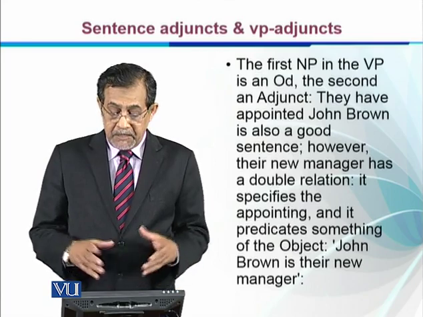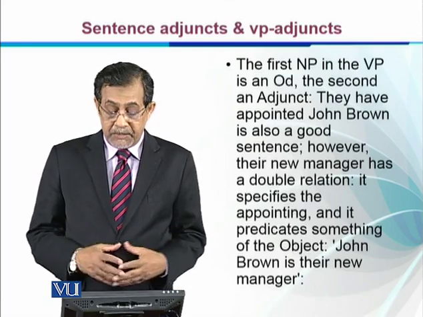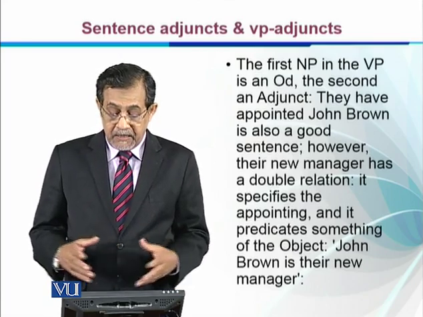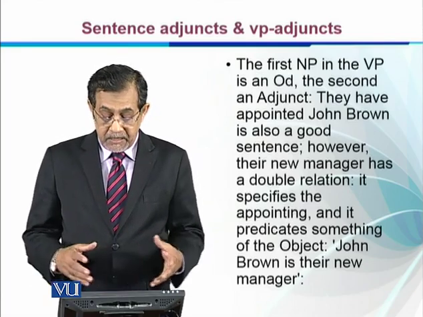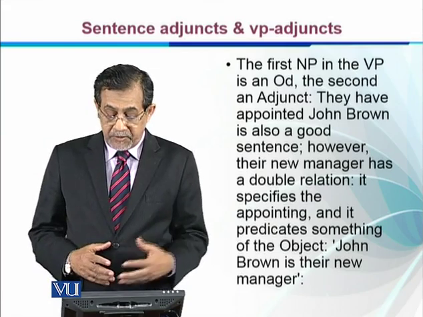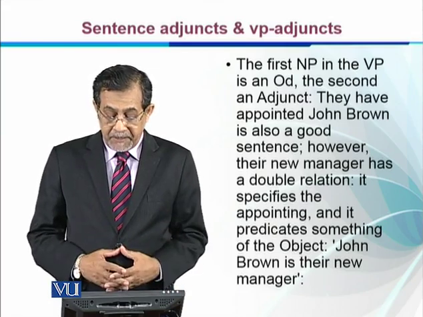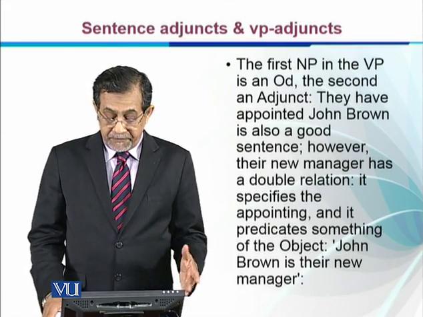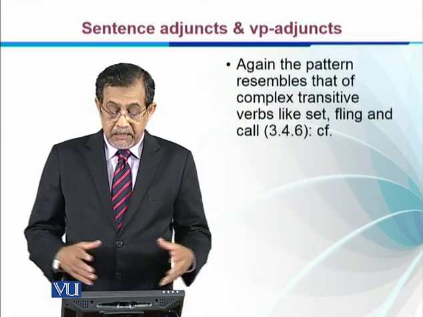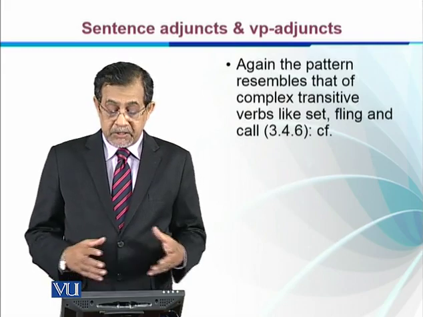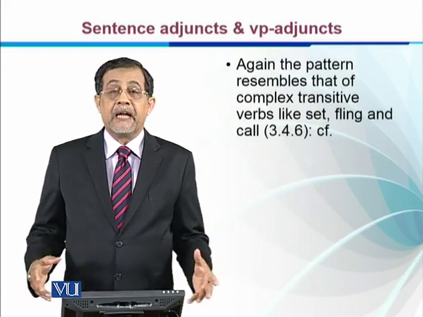So the first NP in the VP is the direct object. The second is an adjunct. "They have appointed John Brown" is also a good sentence. However, "their new manager" has a double relation. It specifies the appointing and it predicates something of the object. John Brown is their new manager. So again, the pattern resembles that of complex transitive verbs like set, fling, and call.